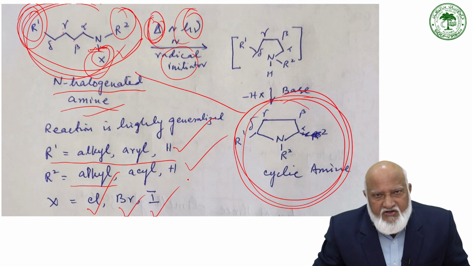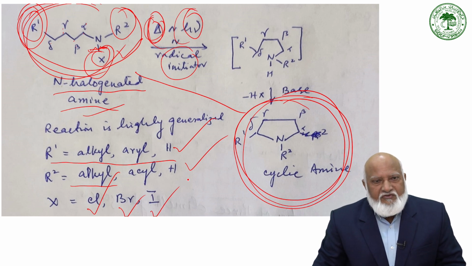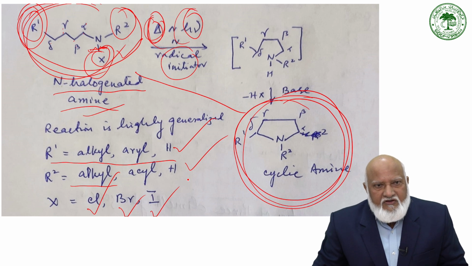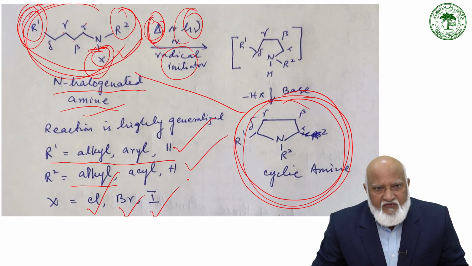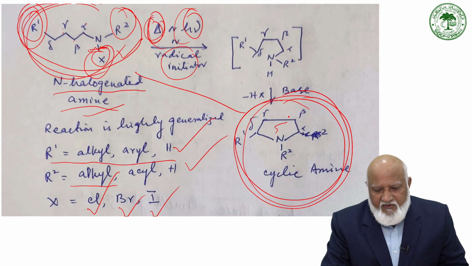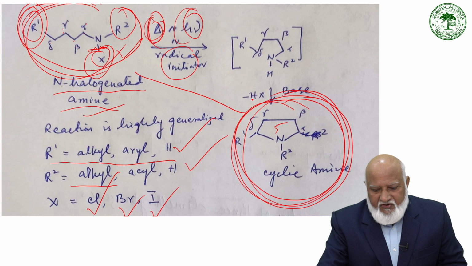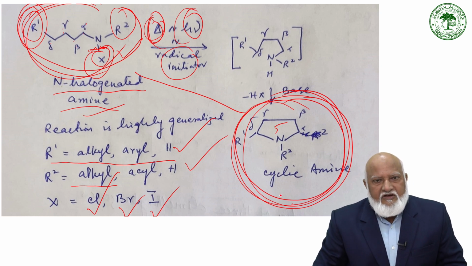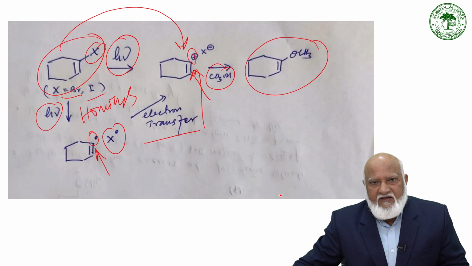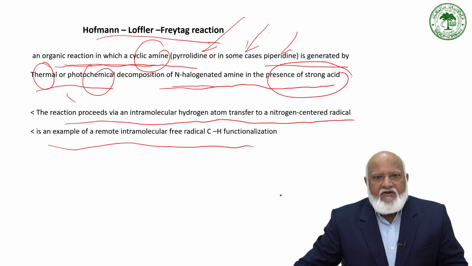So in this highly generalized reaction, an N-halogenated open chain amine has a possibility of a 1, 2, 3, 4 carbon system connected to the amine, which may lead to a stable 5-membered cyclic system. So the preparation of a cyclic amine from an open chain N-halogenated amine is referred to as the Hofmann-Loeffler-Freytag reaction.